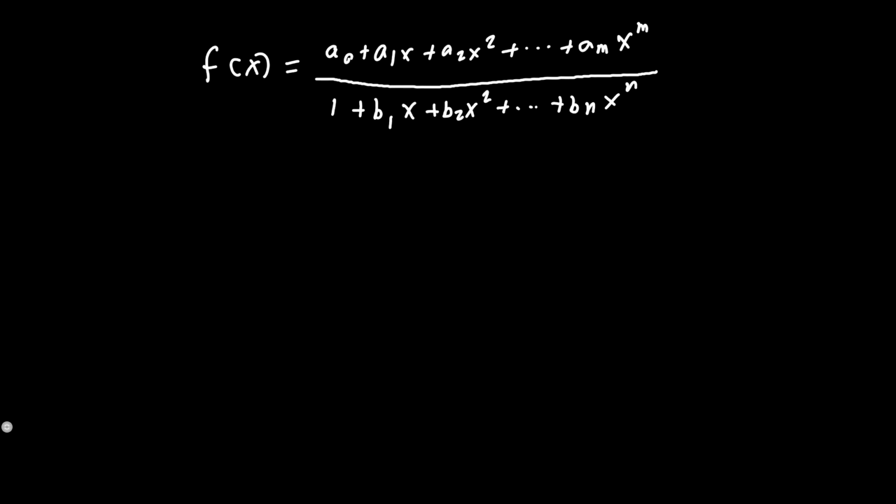And why is this any better? The reason is that the ratio of polynomials can capture things like asymptotes, rapid oscillations, and even better approximations with fewer terms.